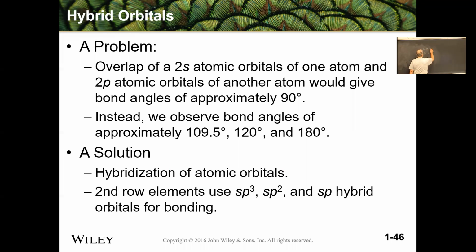If we were to excite one of those electrons, say into a 2p orbital, now we've got two unpaired electrons that could be used to form bonds with hydrogen, but 1s overlap with a 2s would be significantly different than overlap with a 2p.